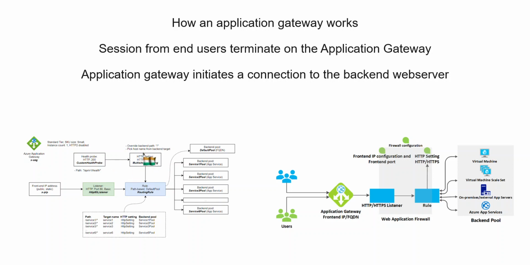A health probe is configured to know whether the listener is active, or whether the network request is sent and it's listening. And this is the backend pool over here. You can see all the application servers over here.